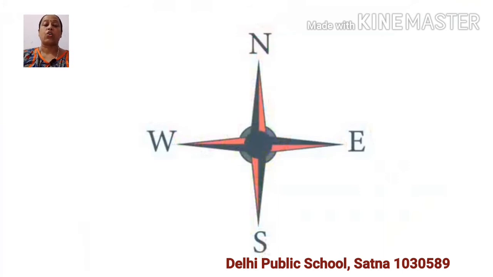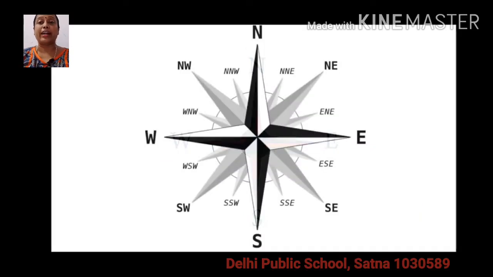They are called cardinal points. What are these called, children? These are called the cardinal points. The other four intermediate directions are northeast, southeast, southwest and northwest.